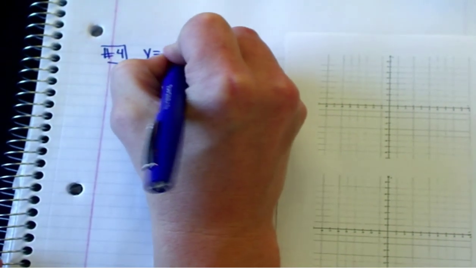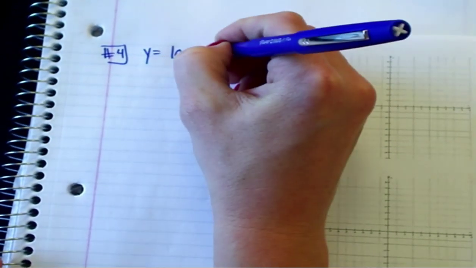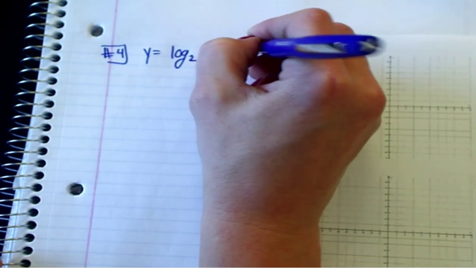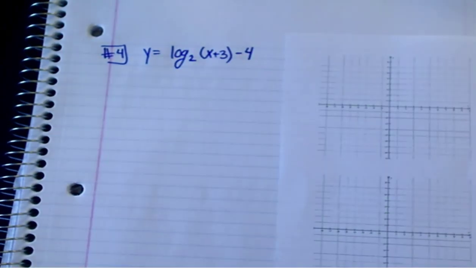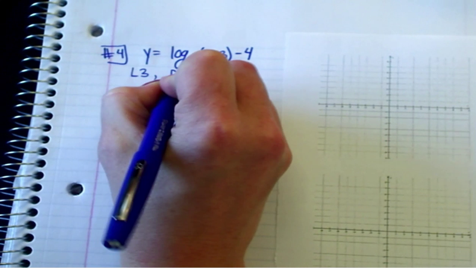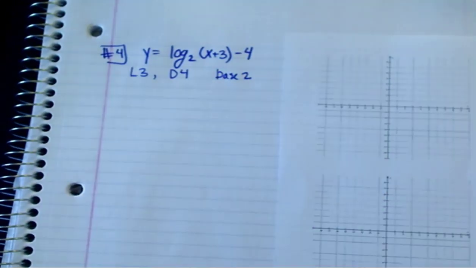Y equals log base 2 of x plus 3, minus 4. Okay. Transform: left 3, down 4, base 2. And I'm going to keep track of the base because that's going to tell me where to put my points.